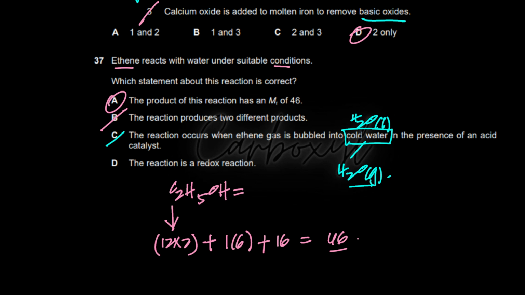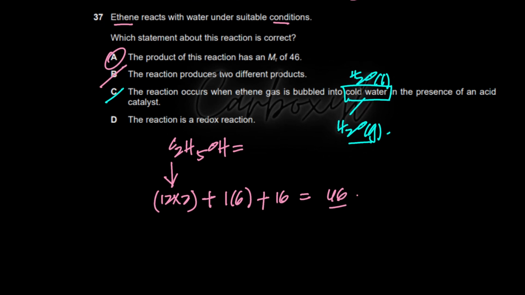Done. The reaction is a redox reaction. It's not a redox reaction. There is no change in oxidation states, right? You could check the oxidation states out, but it is not a redox reaction.